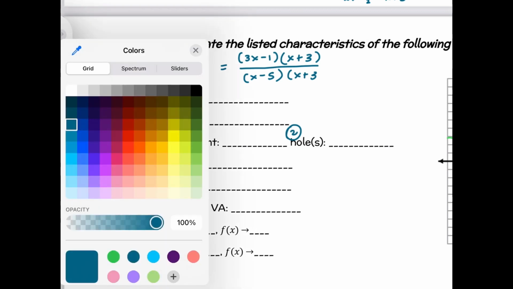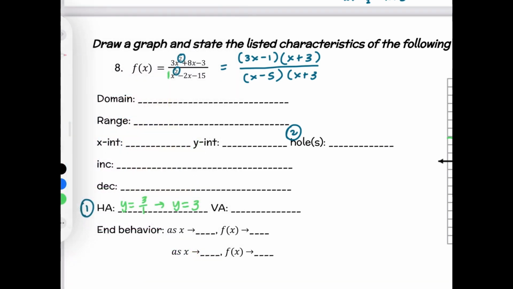Do we have anything on the top and the bottom? I have x plus 3 on the top and the bottom. That factor that cancels tells me the x value of the hole. So I'm going to set that factor equal to 0 and solve for x. So x equals -3 for our hole.